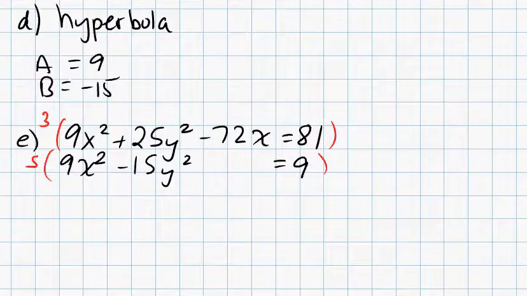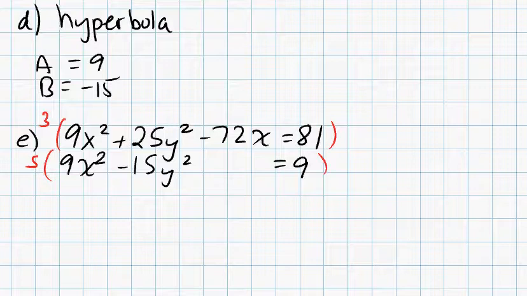Welcome back. Hopefully you recognized that it was a hyperbola because A was 9, B was negative 15, opposite numbers, therefore hyperbola. Part E says to solve the system. When you try to solve this system, you might want to get rid of the x squareds, but there's still an x in the problem.